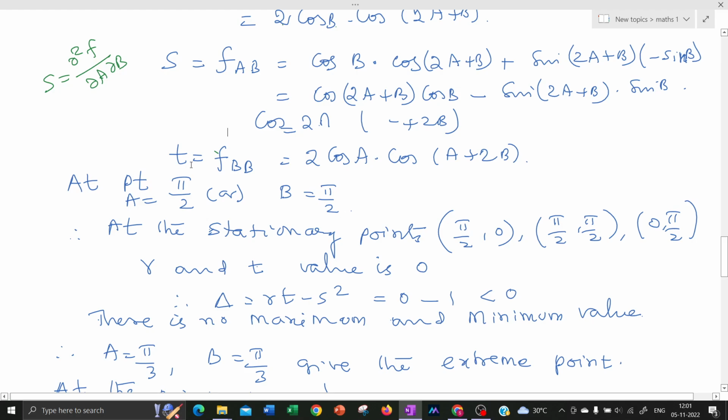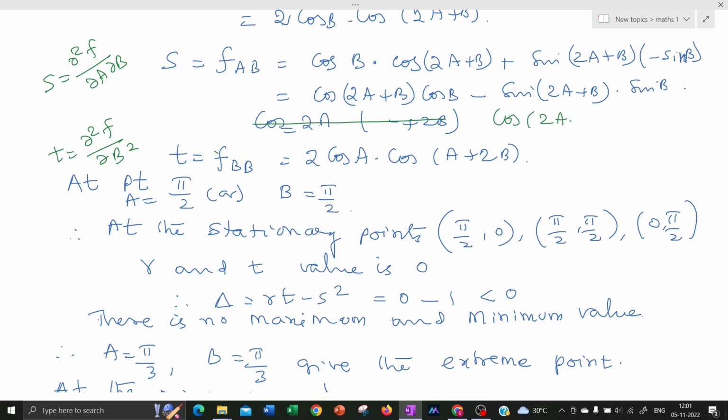Similarly, we can find the t value. What is t here? T is dou square f by dou b square. So this is in the format of cos a cos b. Yes, here some typing is missing. That is cos of 2a plus 2b. That is fab, that is the value of S. Is it not?